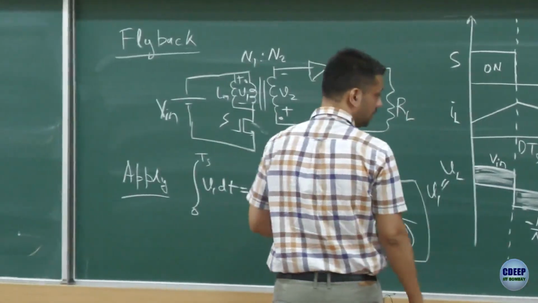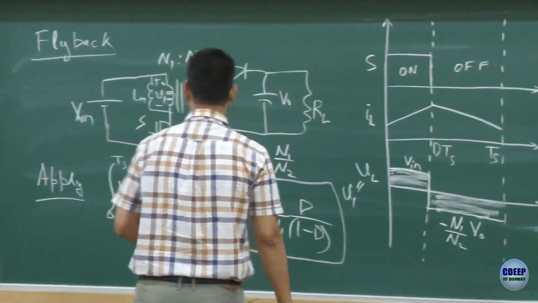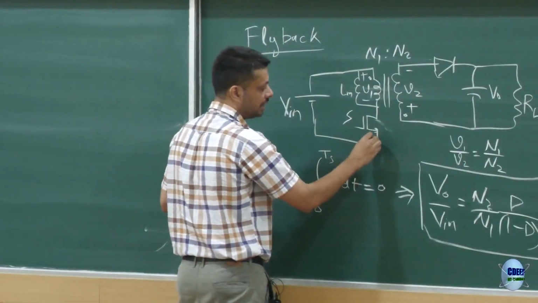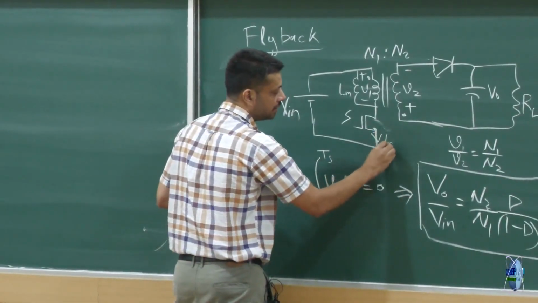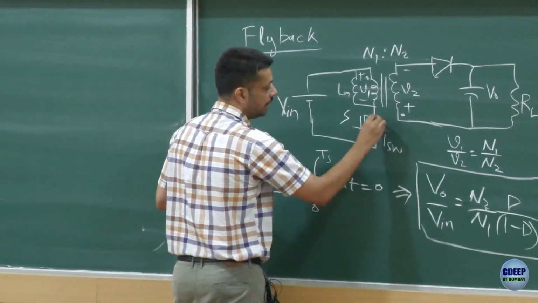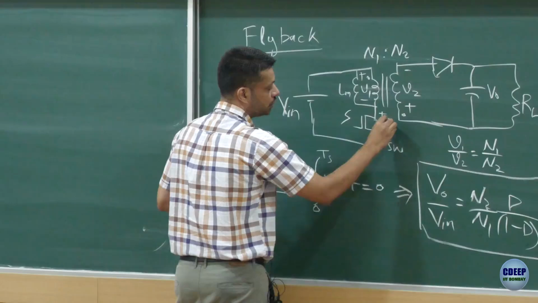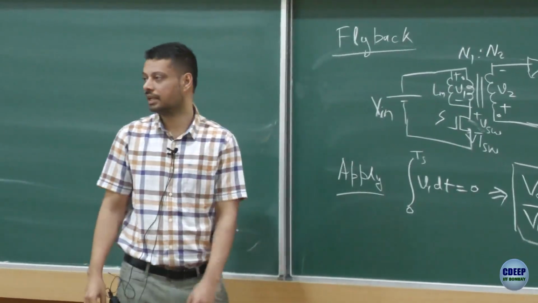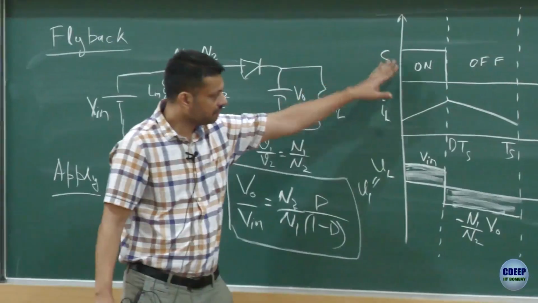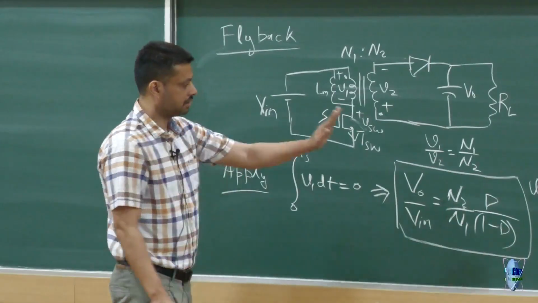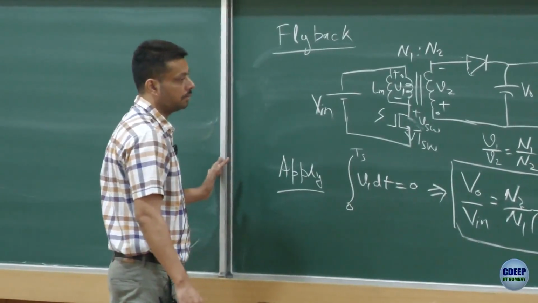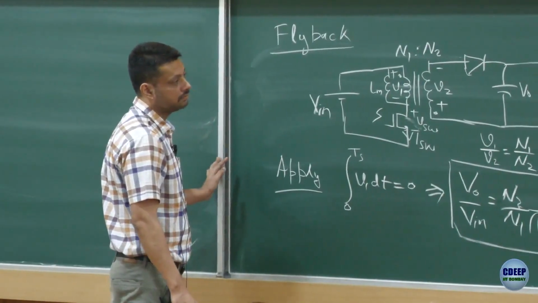Okay, now let's also draw, let's just capture this switch, and now what we want to draw is the switch current and the switch voltage, right? I want to draw the switch current and the switch voltage with the same axis, since there is no more space on that side of the board.